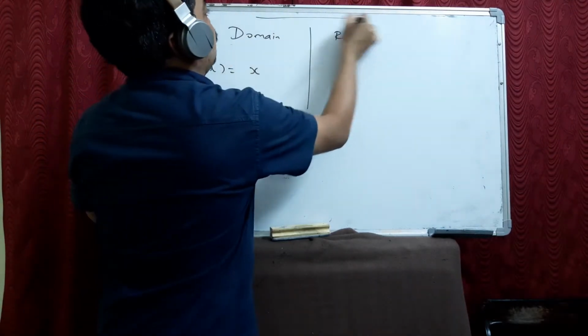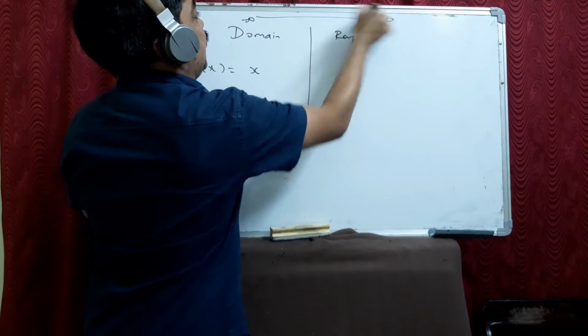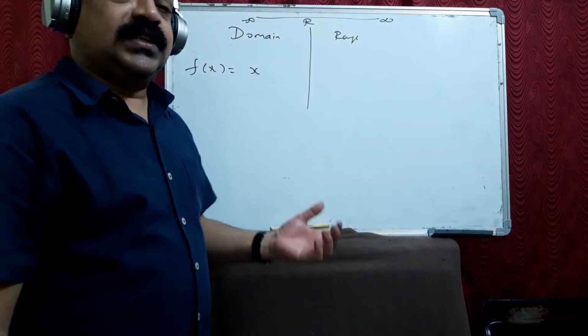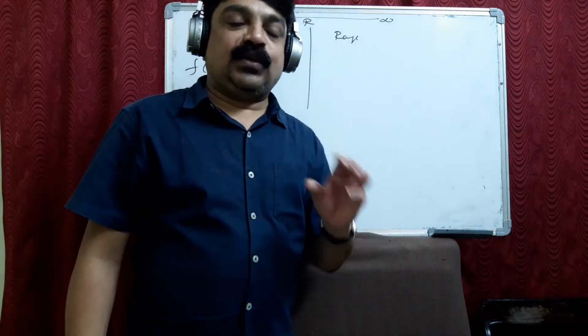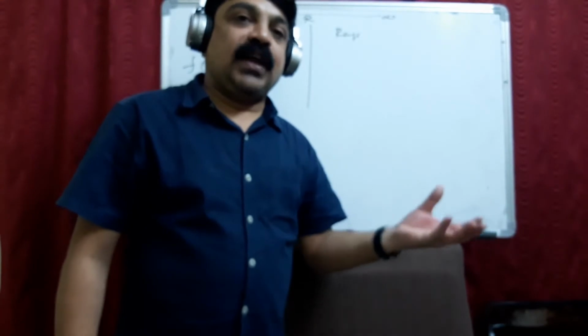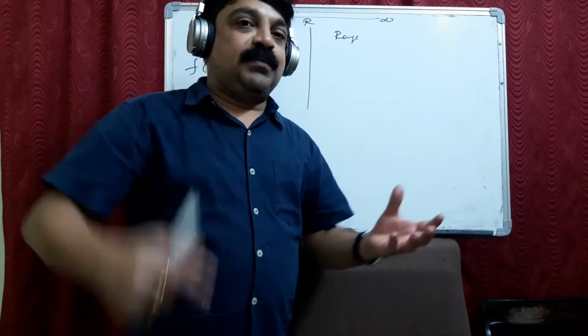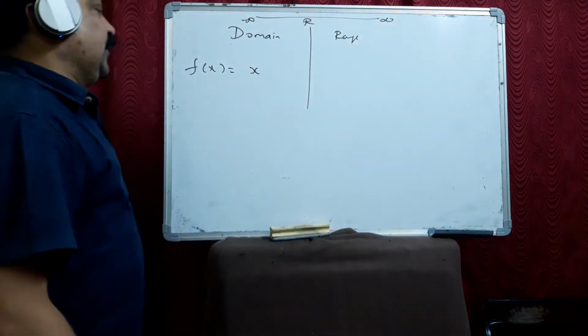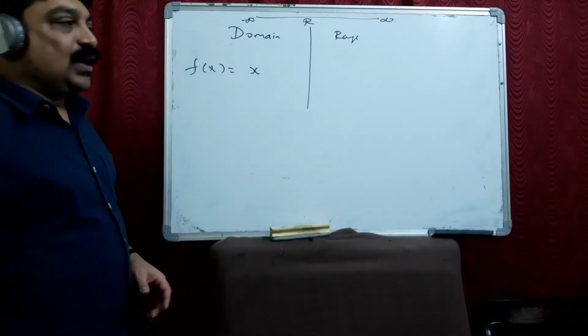This whole thing depends on the real number line R, from minus infinity to infinity. Because when you talk about some value x in functions, it is a real valued function. That means it is a real valued variable. So that x can be taken from the real number set, minus infinity to infinity.